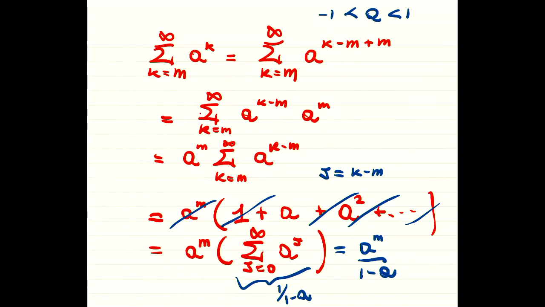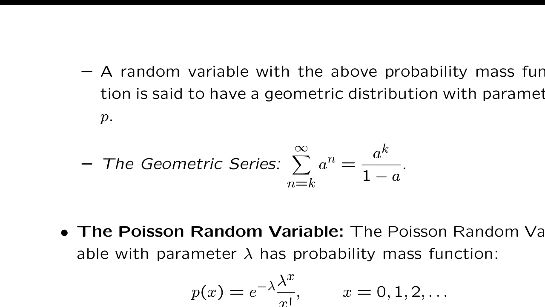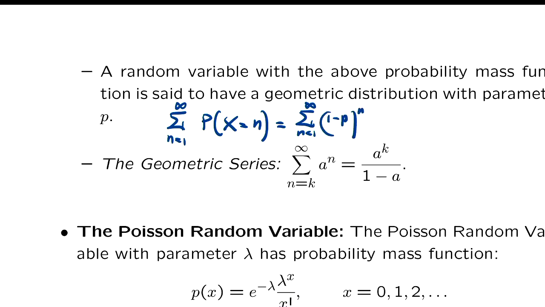Okay, let's apply this stuff. It's been too long. So the sum, n going from 1 to infinity, of the probability that X is equal to n, is equal to the sum, n going from 1 to infinity, of (1 minus p) to the power n minus 1, times p, which is p times the sum, n going from 1 to infinity, of (1 minus p) to the power n minus 1.